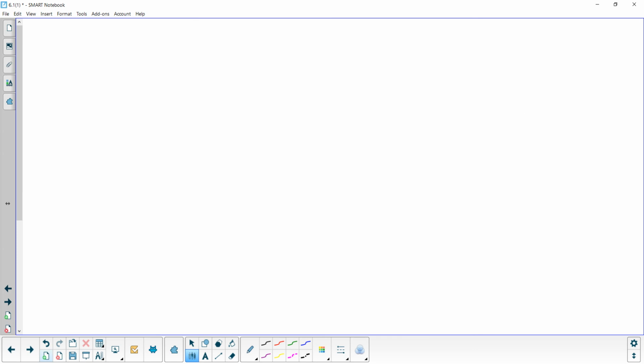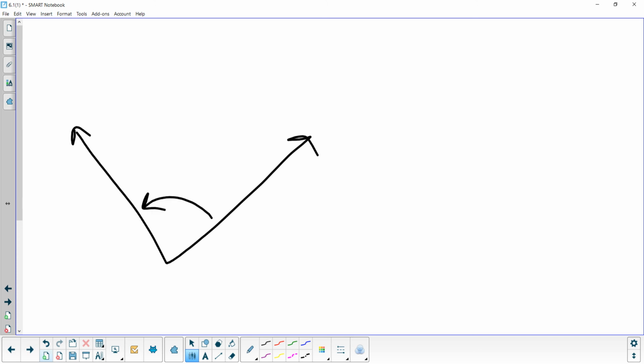Well, if you have an angle and you rotate counterclockwise between the rays, wherever you start from, that's the initial side. As you rotate between the rays in a counterclockwise direction, wherever you end, that's the terminal side. So those are the two sides of the angle.